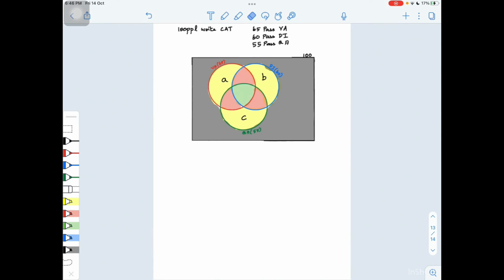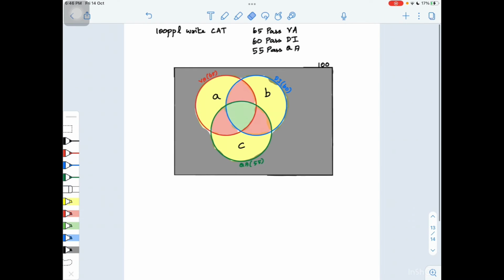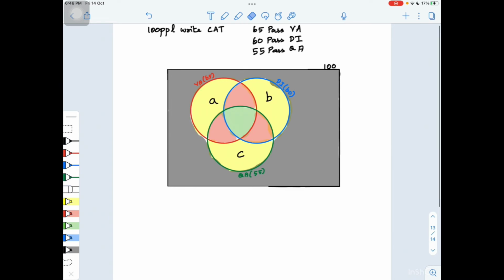Now let's look at the last method, which is an equations based method. To be able to understand this method, let's look at a 3 Venn diagram scenario where 100 people are writing a CAT exam. Out of those people, 65 people have passed verbal, 60 people have passed DA, 55 people have passed quants.